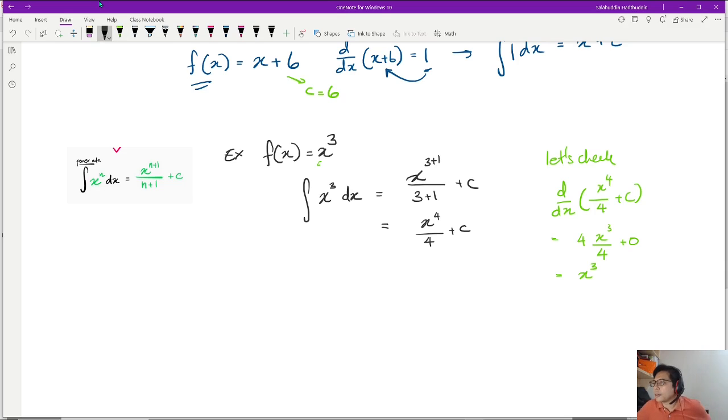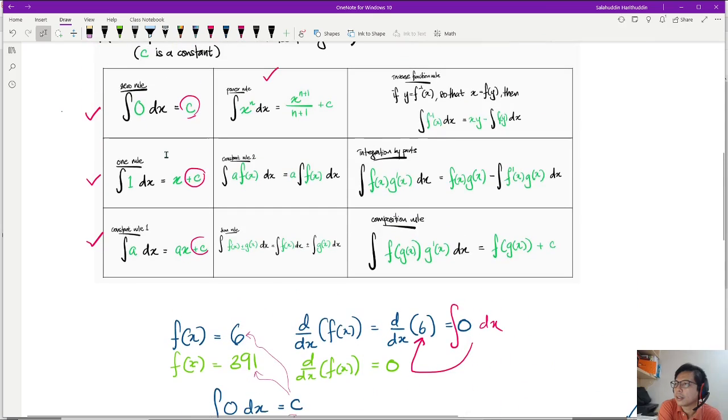I guess this is pretty simple, but let's try something a bit different. Let's put some constant at the front. Let's put 2x squared. What are you going to get? The integral of 2x squared with respect to x. According to this constant rule here, if you have a constant in front of a function, you can bring it out.